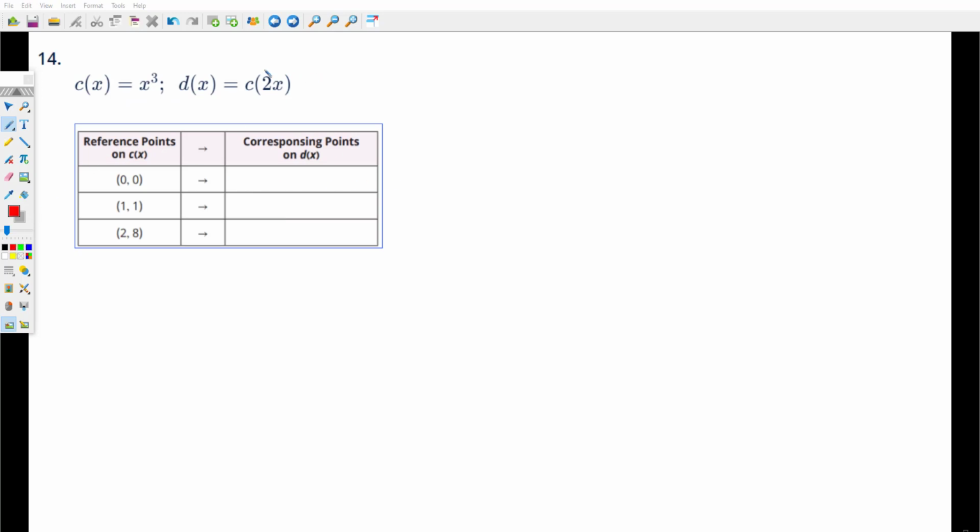Here, we are inside, so that means I need to behave opposite, and that affects the x. So the opposite of multiplication is division. So I'm going to take my x and I'm going to divide it by 2.